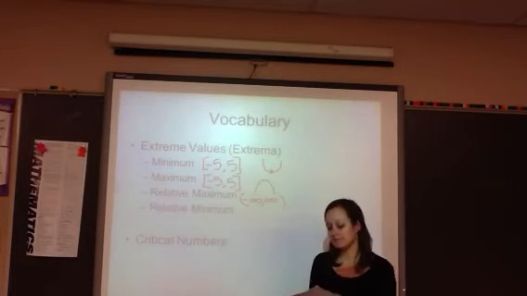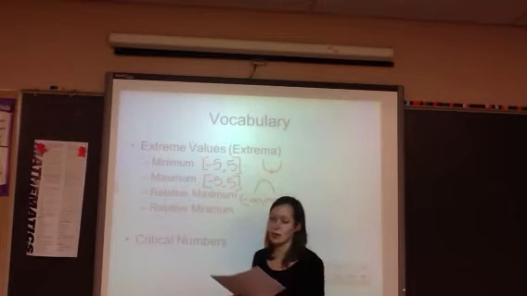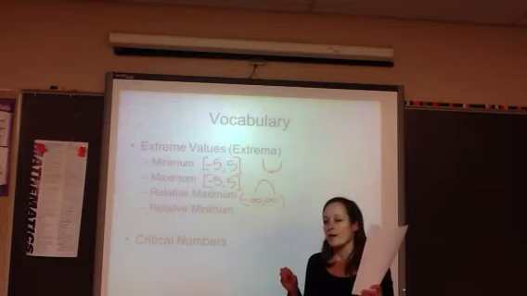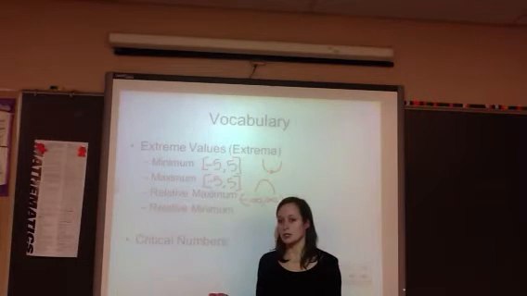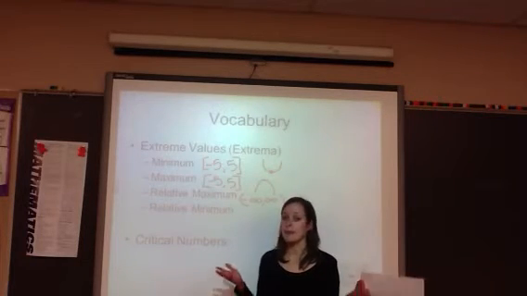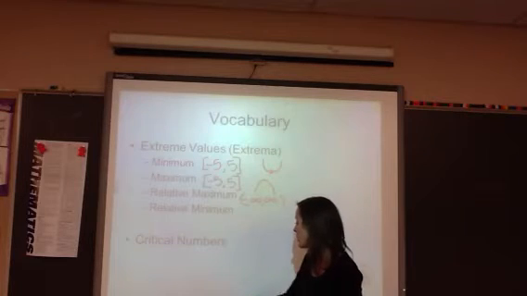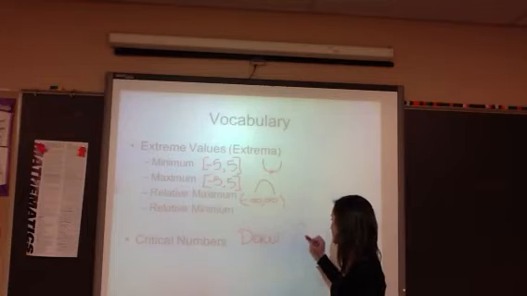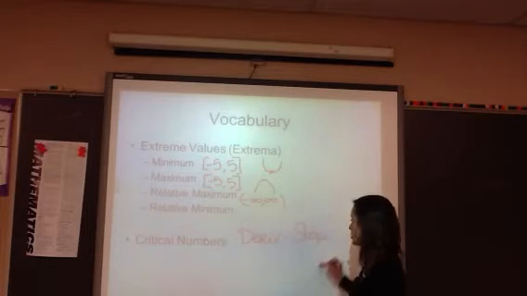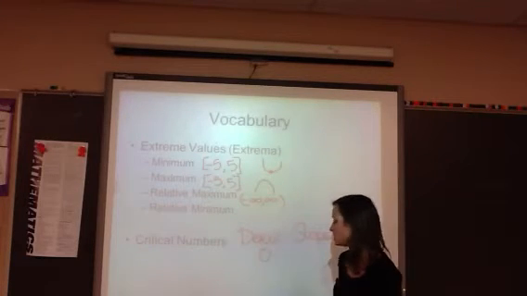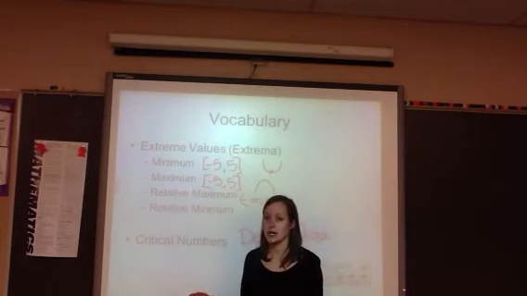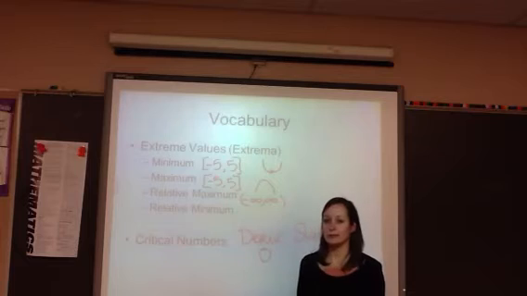Critical numbers are numbers where your derivative is set equal to 0. So what does our derivative represent? That is slope. So if our derivative is slope, and our slope is 0, what kind of tangent line would have a slope of 0?